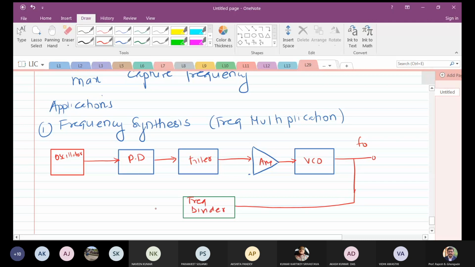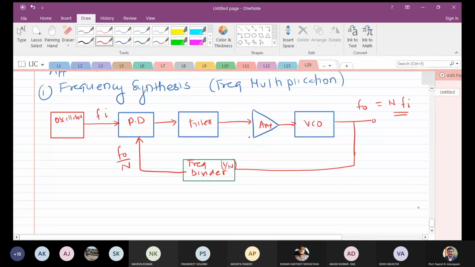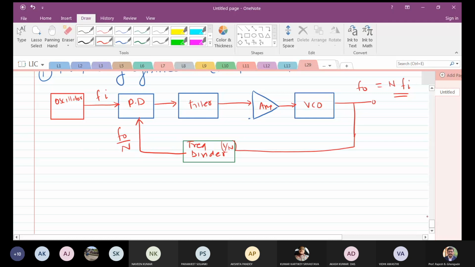So whatever you get here, this is your Fi, this is Fo by N, since it is a frequency divider. So this is a 1 by N divider. And the frequency that you get here is N times Fi. So what you get here is a multiplied frequency. Okay?